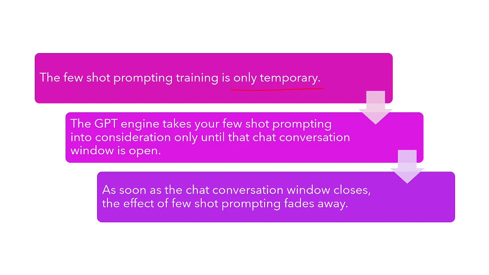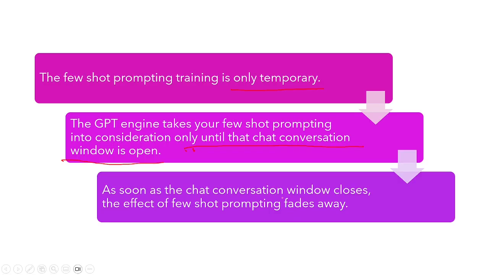The GPT engine takes few shot prompting into consideration, and I want you to pay attention here, only and only until that chat conversation window is open. The moment you close your chat conversation window, all of the referencing that your GPT engine took from the few shot prompting gets erased. As soon as the chat conversation window closes, the effect of few shot prompting fades away.